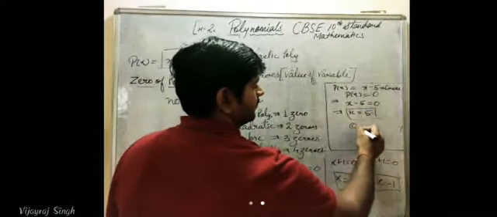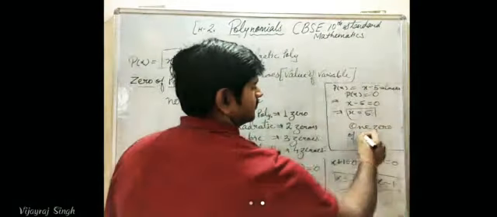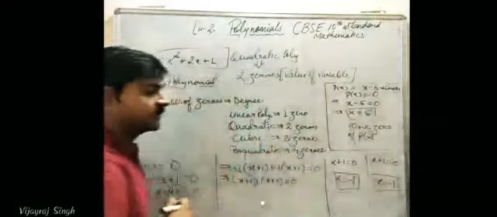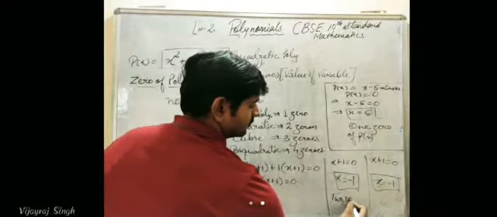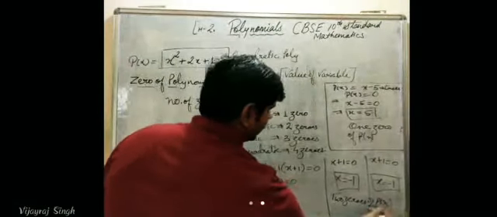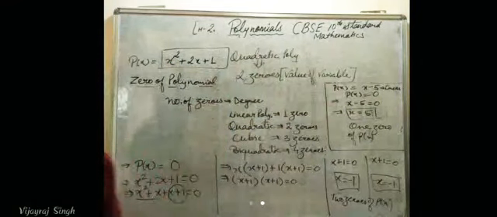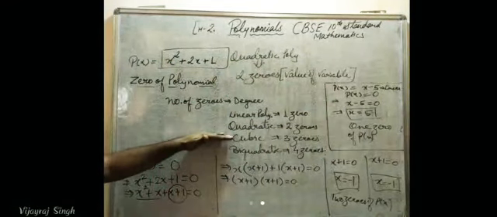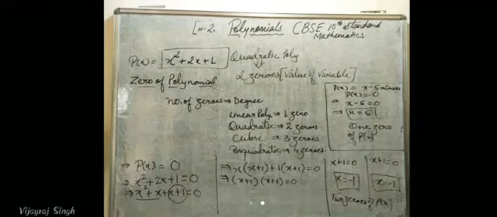So there is only one zero of polynomial px. There are two zeros of polynomial px when it is quadratic, and one when it is linear. Similarly, cubic will have 3 and biquadratic has 4. Please write this down. Then we will discuss the value of the polynomial.